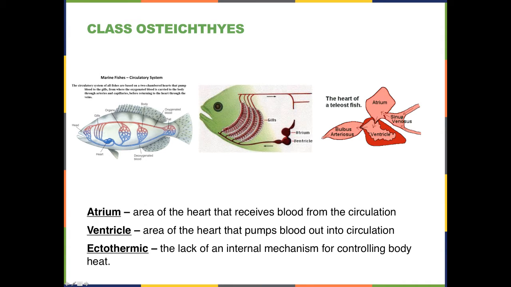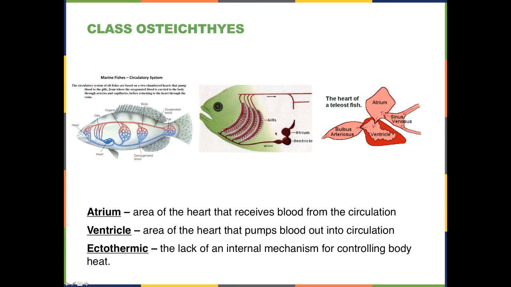And blood enters the atrium from the sinus venosus, which takes in all the deoxygenated blood from the body of the fish, and dumps it into the atrium. It's then pumped into the ventricle, and then that is pumped out the bulbus arteriosus, which leads out into the body. So the atrium is the area of the heart that receives blood from the circulation. The ventricle is the area of the heart that pumps blood out into the circulation.